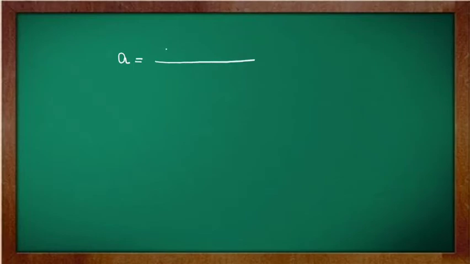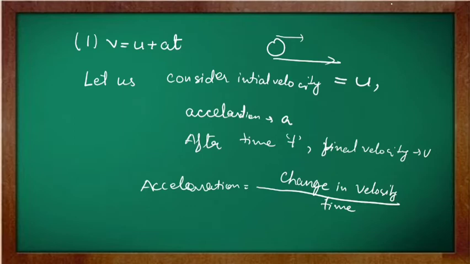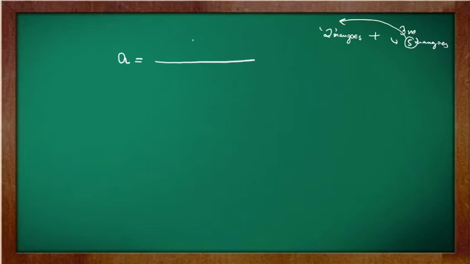Change in the velocity means, suppose at the initial stage you had 2 mangoes, and after a certain time one of your friends gave you 3 mangoes, then in total you now have 5 mangoes. Then what is the change in the number of mangoes? The final one minus the initial one. So similarly here, the change in the velocity will be the final velocity, which is v, minus the initial velocity, which was u, by time.